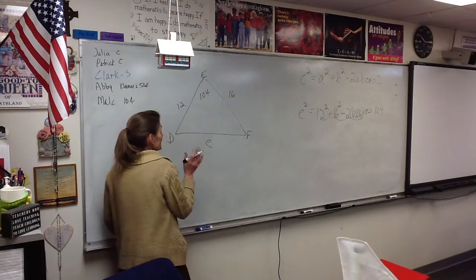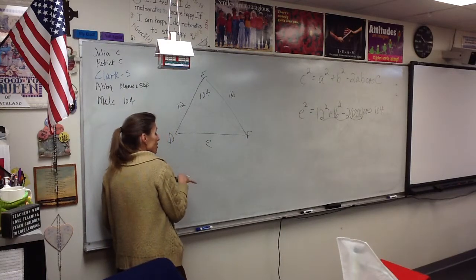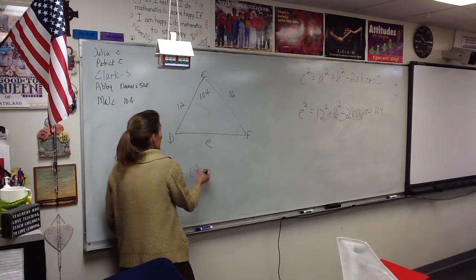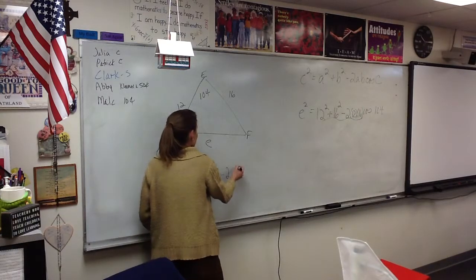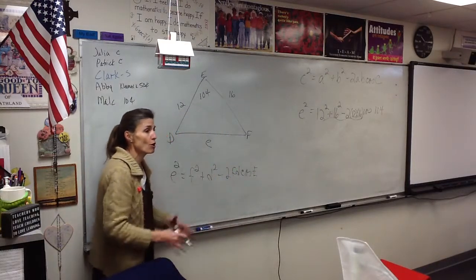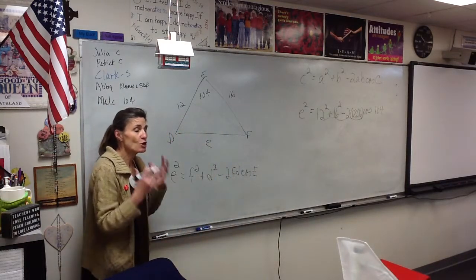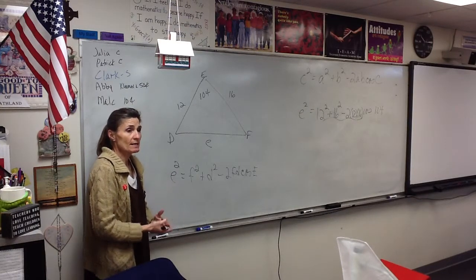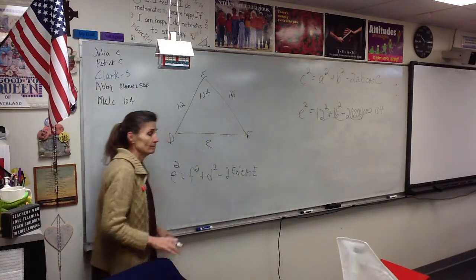So using the letters in ours, our law of cosines looks like this. E squared equals f squared plus d squared minus 2fd cosine e. The letters aren't important. I don't want you to get hung up on the letters. What's important is the pattern.